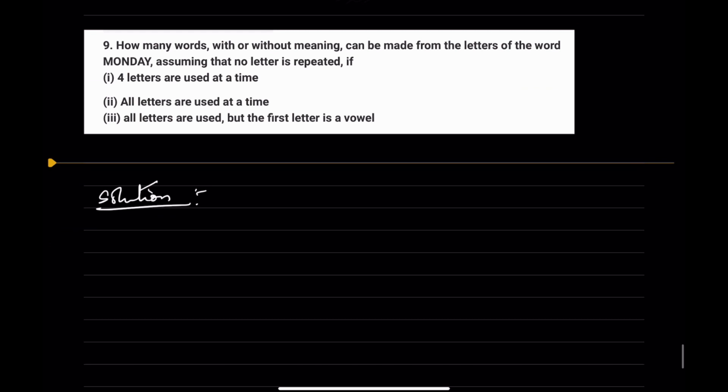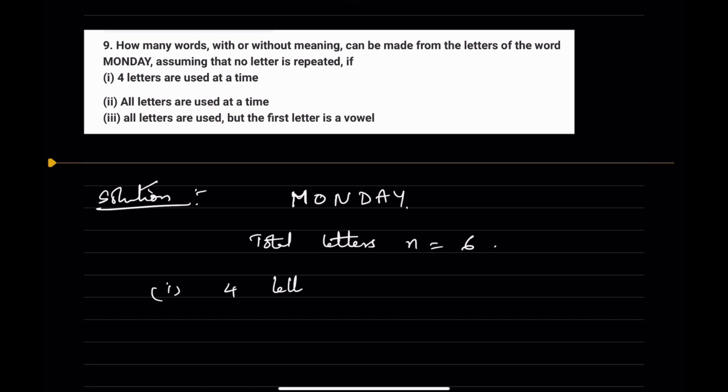Now what is the word which we are using? It is MONDAY. So how many letters is this MONDAY containing? So total letters, that is n, we'll take, it is 6. So now what is the first condition? 4 letters are used at a time.